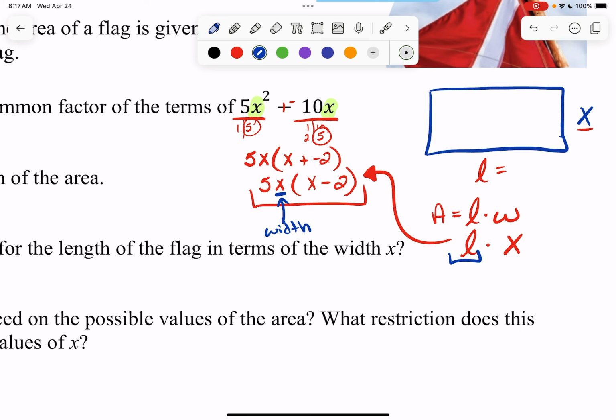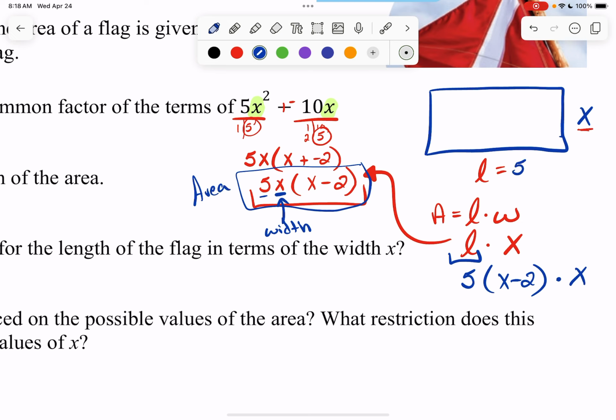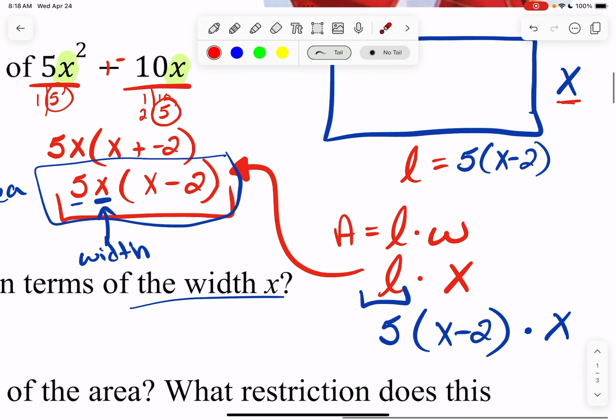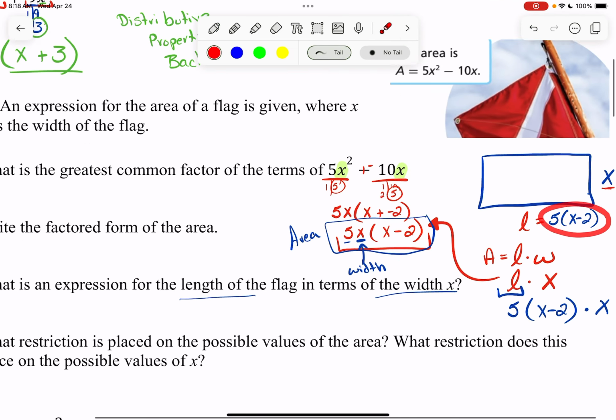So I'm taking x, I'm multiplying it by 5, and I'm multiplying it by x minus 2. If I take 5 times x minus 2 times x, the width, I will get back to this area, because that is the expression for the area. So my length would be 5x minus 2. And it wants an expression for the length in terms of the width x. So yes, my length does have an x in it.